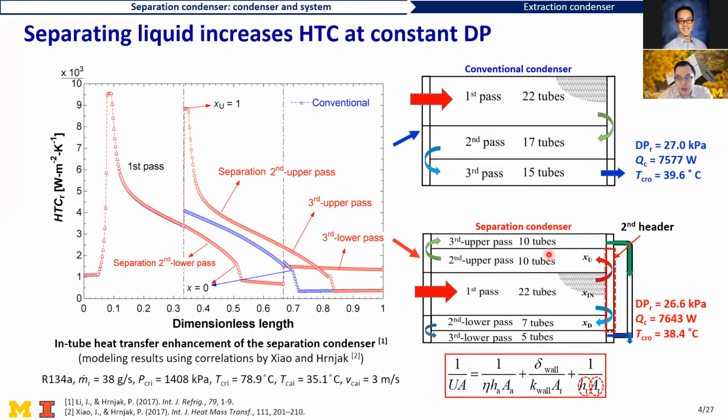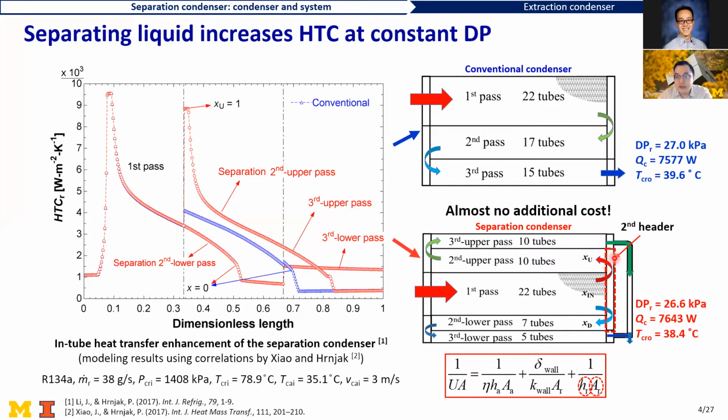If we allocate more tubes to the upper pass, which has a higher heat transfer coefficient, it will provide the potential to improve the condenser performance as a whole. So in this case, we see that indeed with a perfect separation inside the second header, the separation condenser will have a higher condenser capacity, which is the QC.